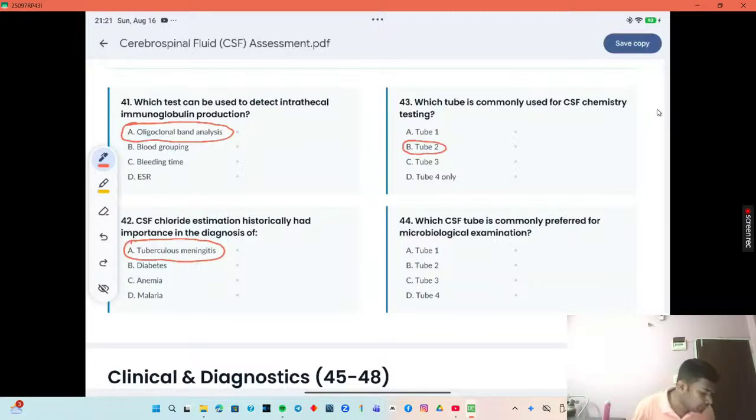The right answer will be tube 1. Tube 1 is the CSF tube commonly preferred for microbiological examination, and for chemistry testing, we will use tube 2. For the biochemistry test, we will use tube 2, and for microbiological examination, we will use tube 1.